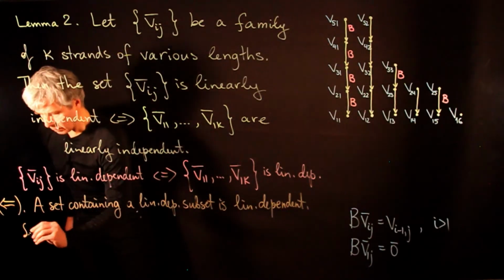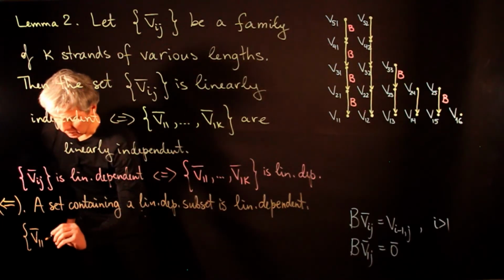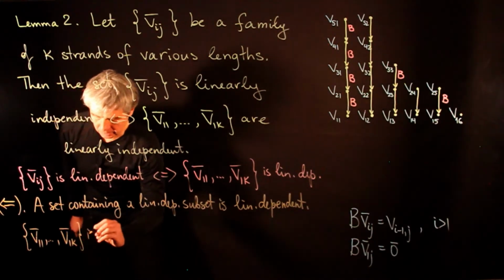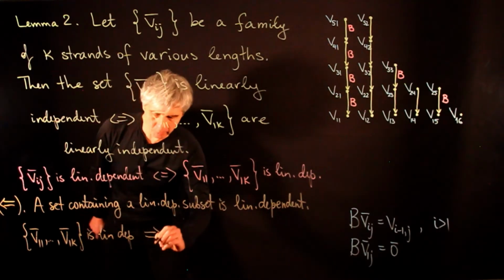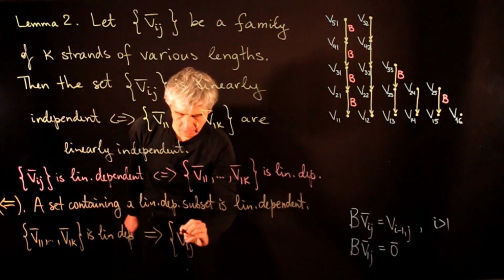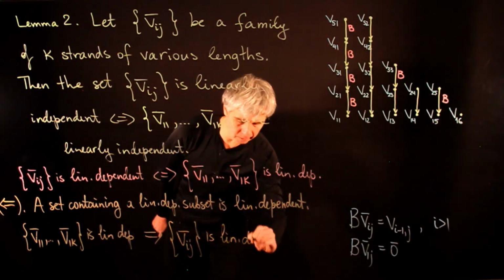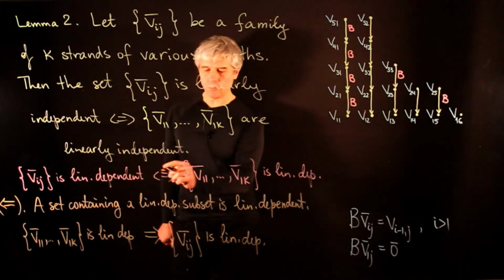So if we know that the smaller set at the bottom, v11 through v1k, is linearly dependent, then this implies that the larger set of all of these vectors in these families is also linearly dependent. Now let us prove the more interesting forward direction.